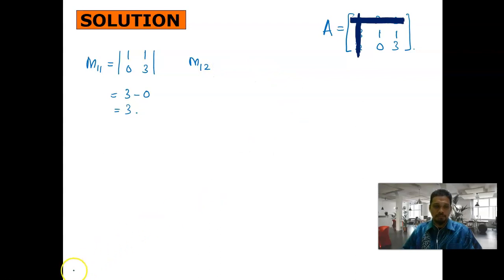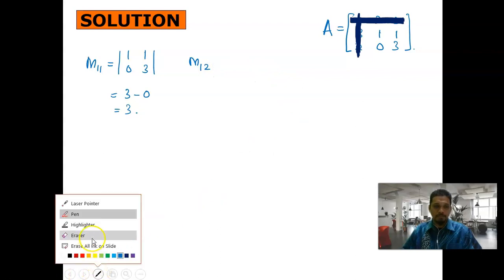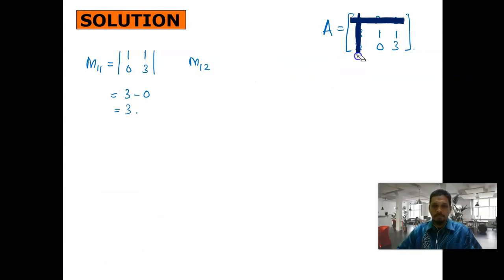M12. So we delete row number 1 and column number 2. What's left here now?